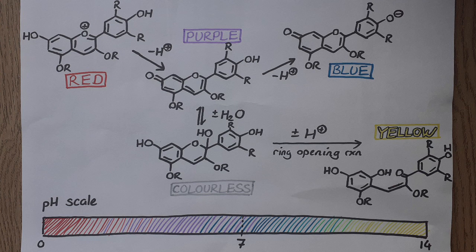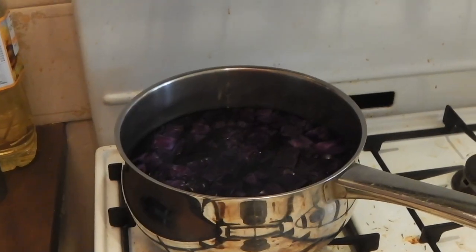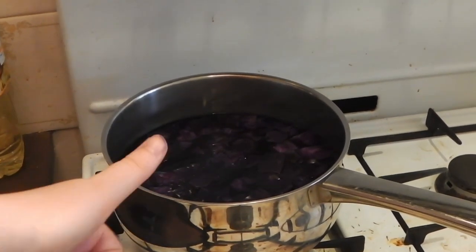All of these steps are reversible, with all of the equilibrium constants being dependent on the concentrations of H+ or OH- in solution, which is just a fancy way of saying that at very high concentrations of H+, meaning at low pH, we mostly get the red form, and at very high concentrations of OH-, meaning a high pH, we get mostly the yellow form, and in between those two extremes there's a sliding scale of shades of red, pink, purple, blue and green.